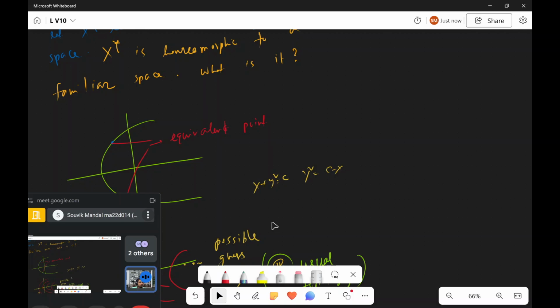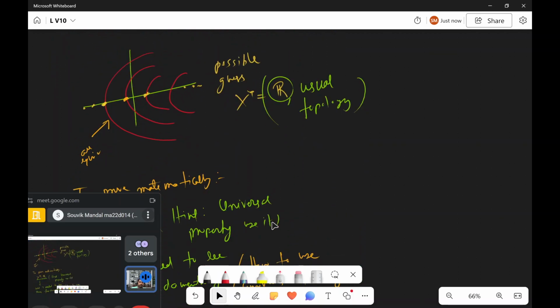The question is given in such a way that if two points lie on the same parabola, then those points are equivalent. So this tells us, if we consider the intersection of this parabola with the x-axis, those points' equivalence class contains all other points of the respective parabolas.